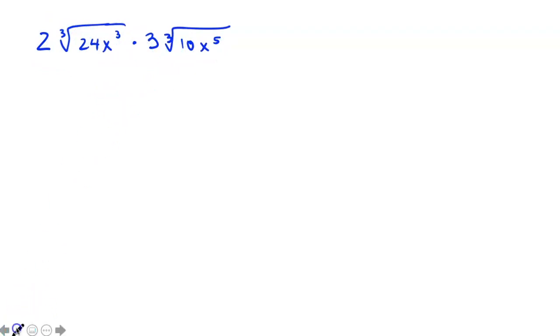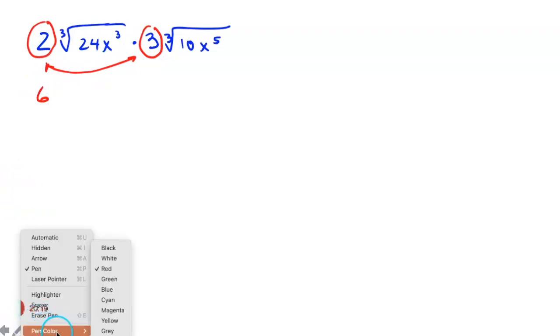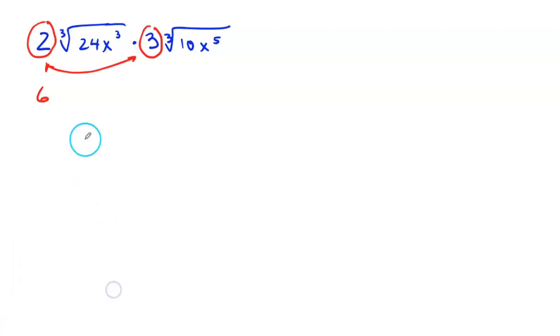Alright, here we go. When I do that, let me bring the red. The number on the outside is called a coefficient. This is the coefficient for this radical, and the 3 is the coefficient for this radical. So the numbers on the outside multiply each other. 2 times 3 is 6. Numbers on the inside multiply each other, under the cube root.